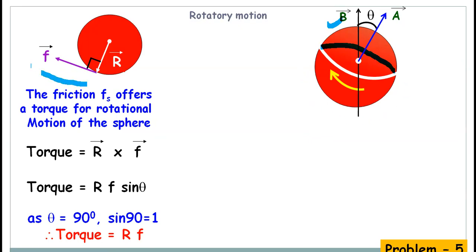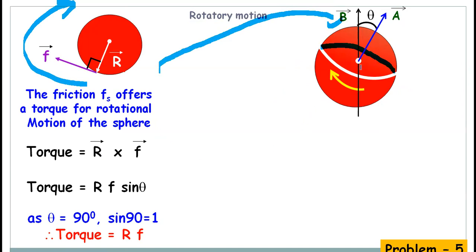That is, the magnetic field should offer torque on the current carrying coil in the direction opposite to the direction in which the frictional force rolls, that is, spins, the ball. Okay, we have to pass the current in that direction. So the current carrying coil will experience a torque offered by the magnetic field, which will be opposite to the torque offered by the friction.